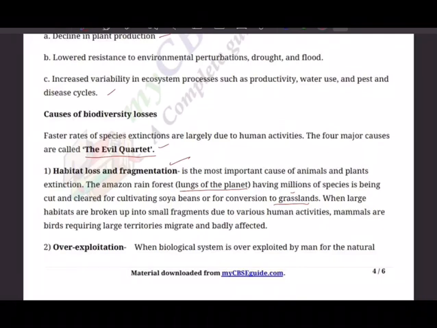So many of these, particularly the European countries, have no regard for the concern of the people, for the concern of the environment. And when large habitats are broken up into small fragments due to various human activities, mammals or birds requiring larger territories migrate and are badly affected.